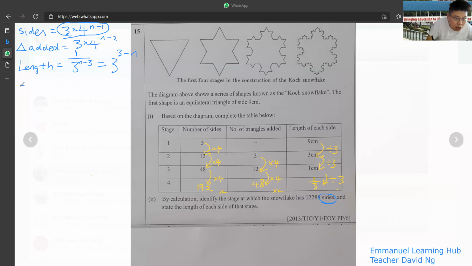So 3 times 4 power n minus 1 is equal to 12288. And I'm going to divide by 3 on both sides. So 12288 divided by 3, you have 4096.